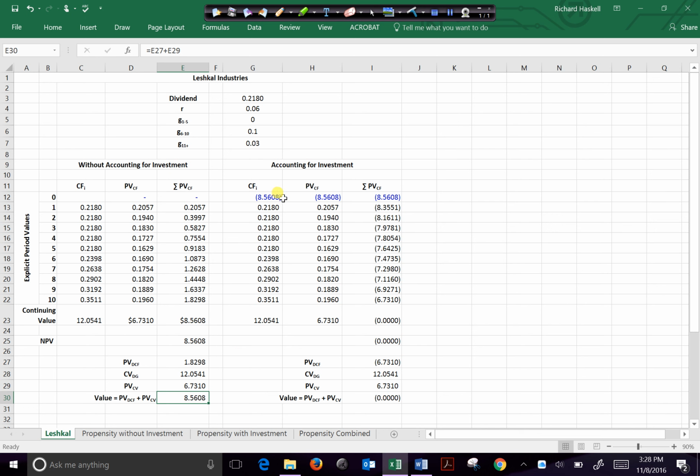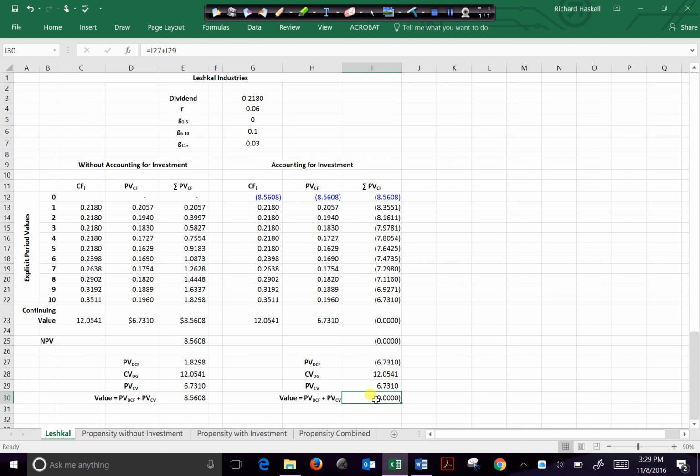I now get that cost juxtaposed to these benefits, discounted at the rate over time to the running total, and I add it all up, and I've got a present value of the discounted cash flow, which is negative still, and then I've got my continuing value of the dividend based on the dividend growth equation. I bring that to a present value, and it gives me a sum where the present value of the discounted cash flow plus the present value of the continuing value is going to equal 0.